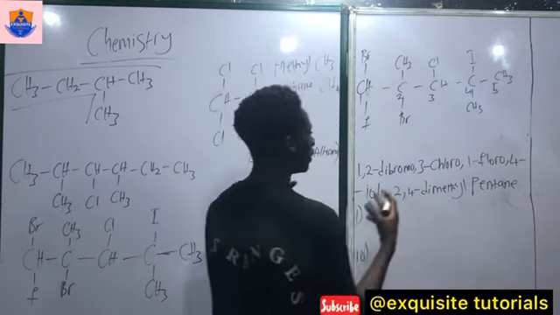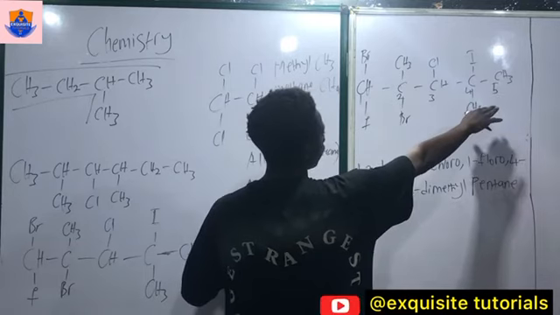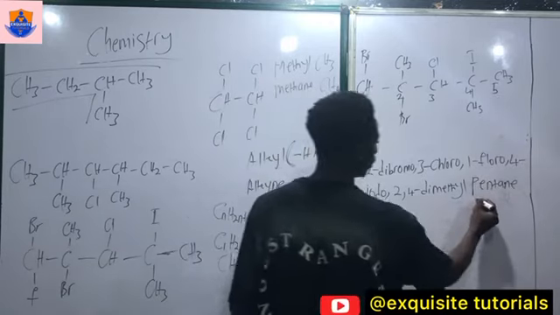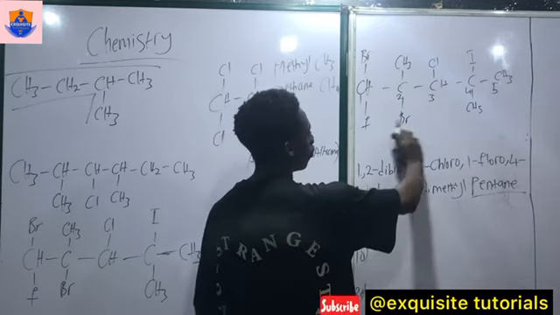So you should cram them in case you have a longer parent chain. Then you should know the name of that compound. Now this is the name of this compound.